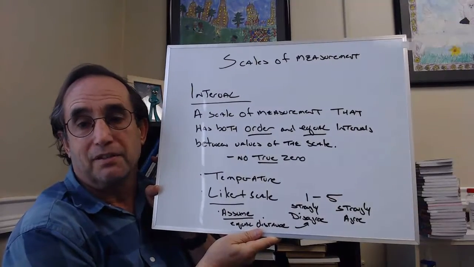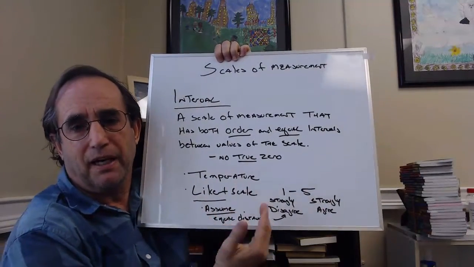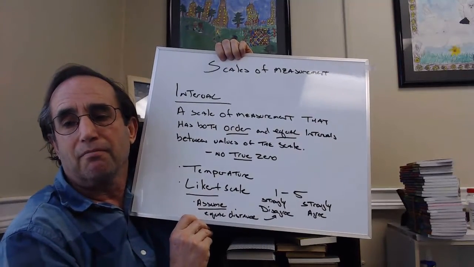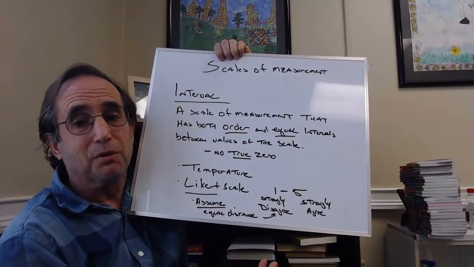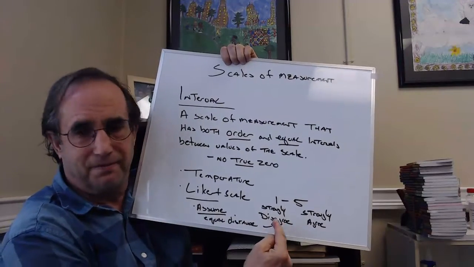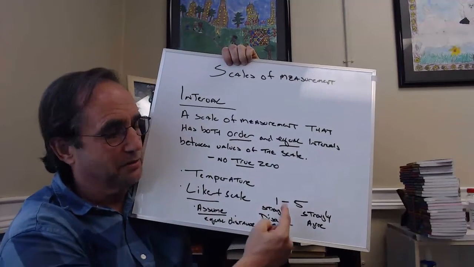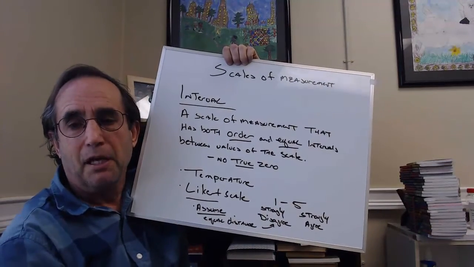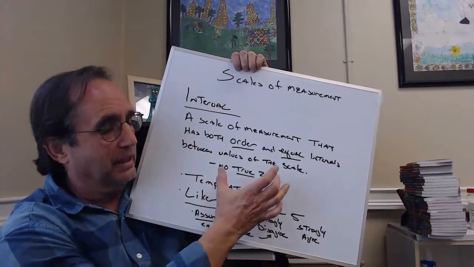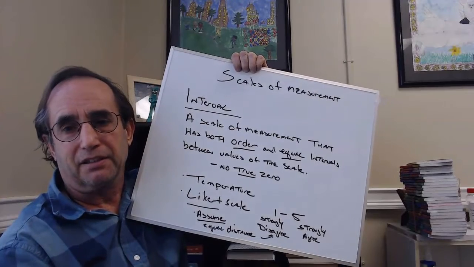It could be 1 to 5, 1 to 7, 1 to 9, just depending on how refined the researcher wants to get. It's not necessarily equal distance between a 1 and a 2 in a Likert scale, because it's really very subjective in this sense. But researchers will often assume equal distance between each point in the Likert scale. So we can treat a Likert scale like an interval scale in the same way for data analysis, in the same way we would for temperature, blood pressure, distance, or anything like that.